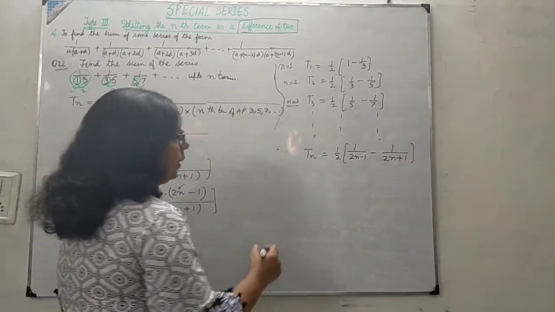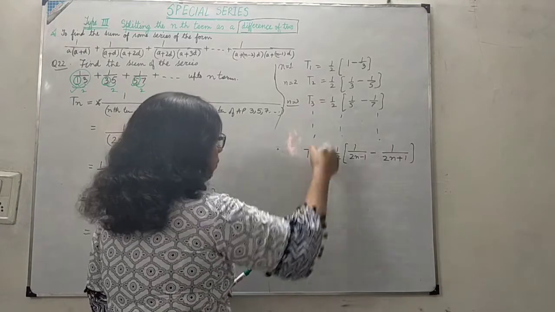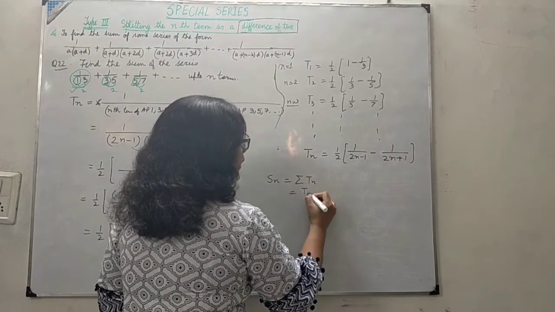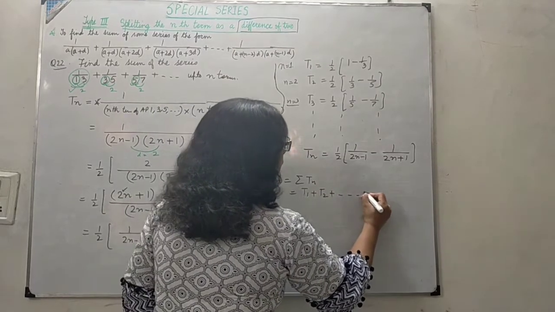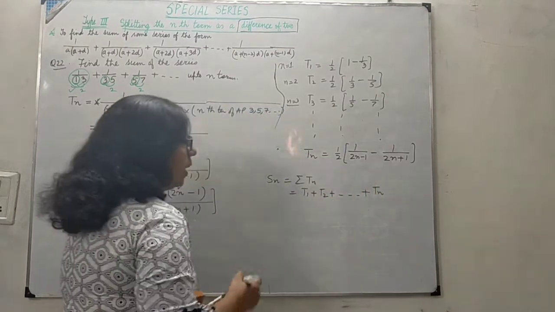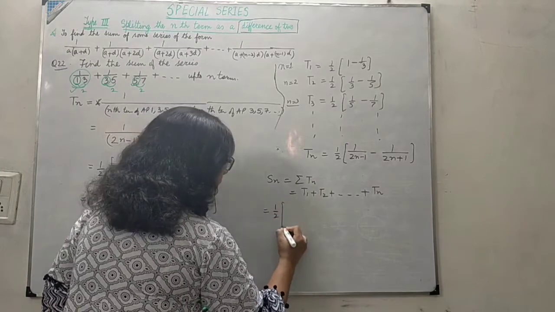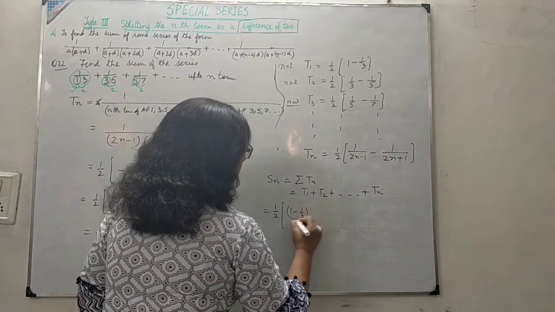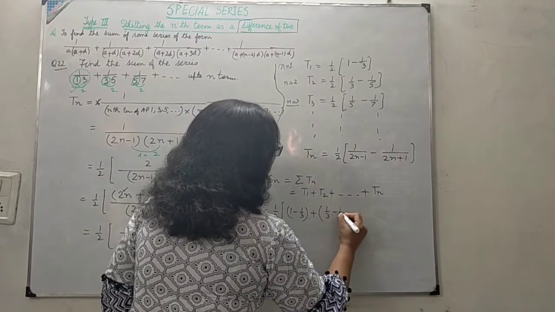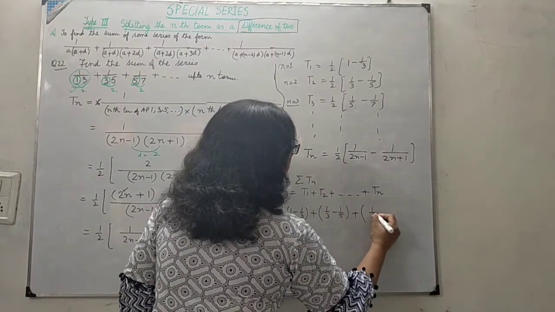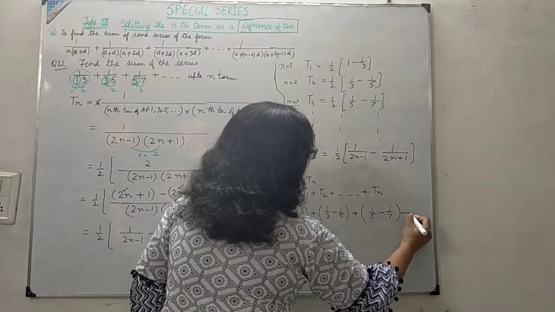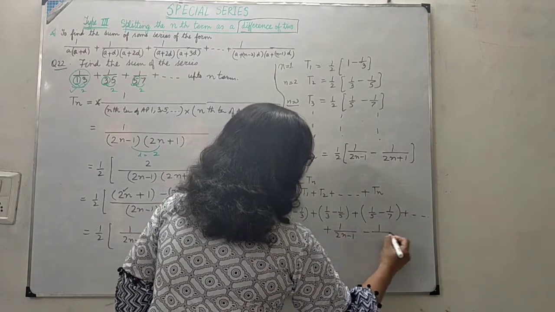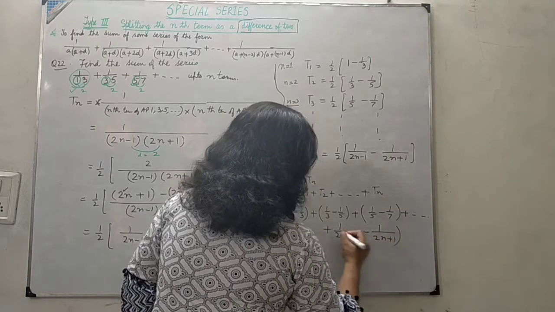So after that we can see that if we want to add Sn, that is sigma Tn, that is actually T1 plus T2 up till all the terms Tn. And if I write half common, you may take it like this: 1 minus 1 by 3 plus next 1 by 3 minus 1 by 5 plus 1 by 5 minus 1 by 7 and so on, and the last one will be 1 upon 2n minus 1 minus 1 upon 2n plus 1.